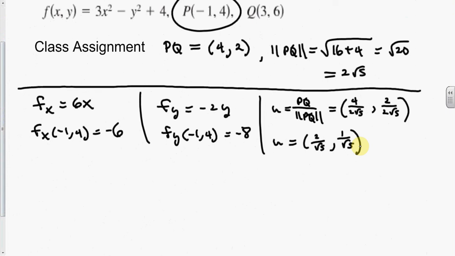No, P is 1 comma 1. So this is a different problem, right? Yes, sir. It's a different problem, but I use that for. But that's PQ. That's not P. I know it, but that's why I did that, because I saw it right here, 3/5, 4/5. Yeah, that's for the unit vector, but you have the partial derivatives.